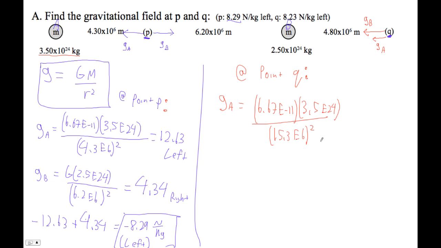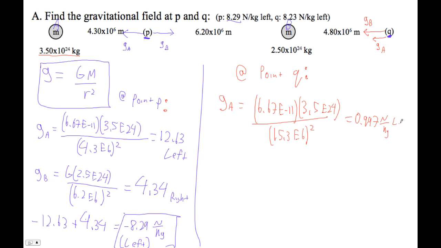All right, that will not be a big number. I've got a number here, so I have to change this to 15.3. And then it's 3.5. Okay, here we go. And that is 0.997 newtons per kilogram.